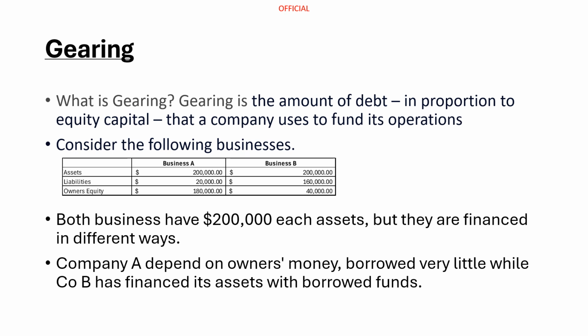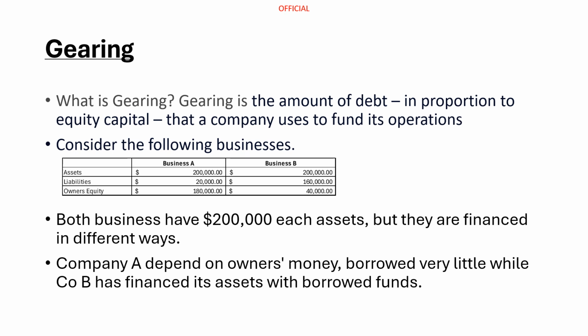In this table, both business A and business B have the same amount of assets, which is $200,000, but business A's liability is only $20,000 while business B's liability is $160,000. This means business A is relying mostly on the owner's funds, which total $180,000.